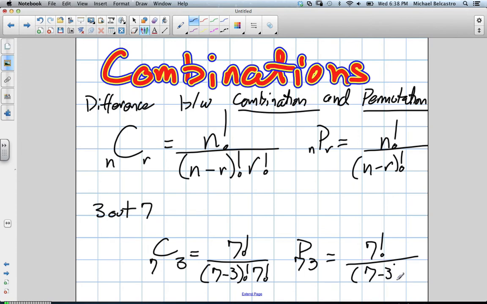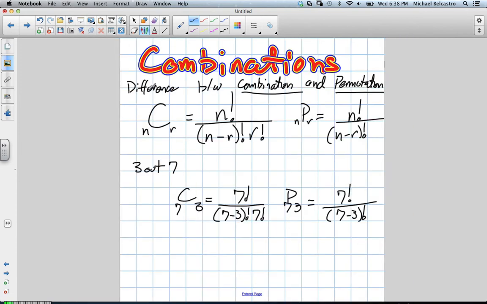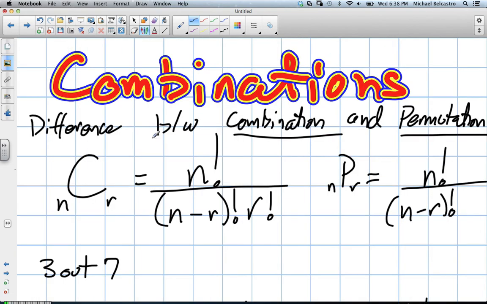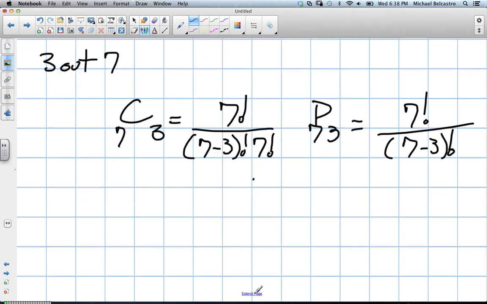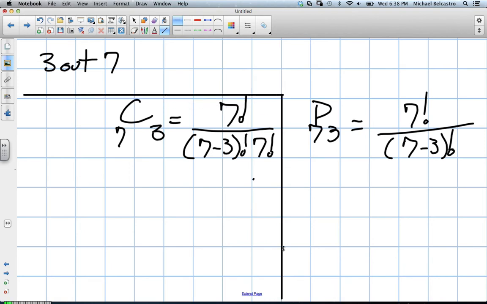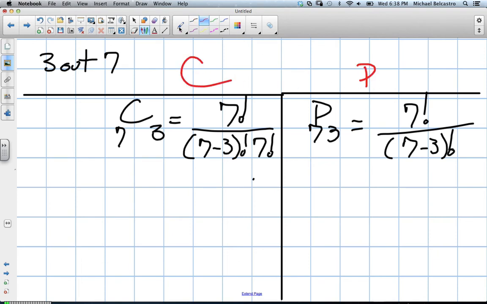7 minus 3 factorial. Now, what I'm going to do in this one is I'm actually going to break this up so you can see how this simplifies a little. Okay? So we have our combination and our permutation here. So this will be our combination, permutation. C and P, we'll call it. Okay, so what this actually reads is, we'll fix the combination one more time so that it's just terms.